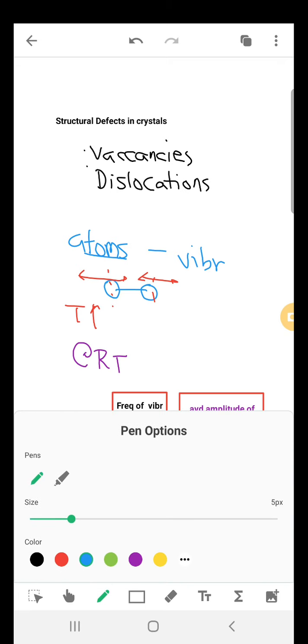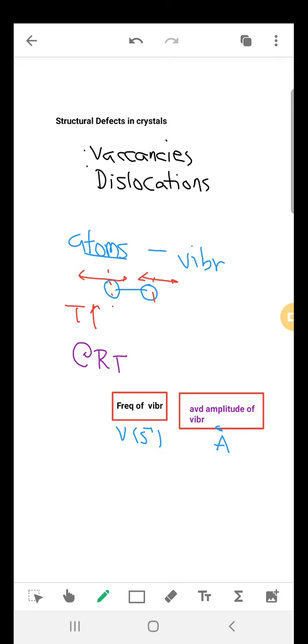So if we compare some atoms, for example sodium, then aluminium, then copper, and then molybdenum. Sodium will have a vibration frequency of 4 into 10 to the power 12, and the amplitude is 0.5.